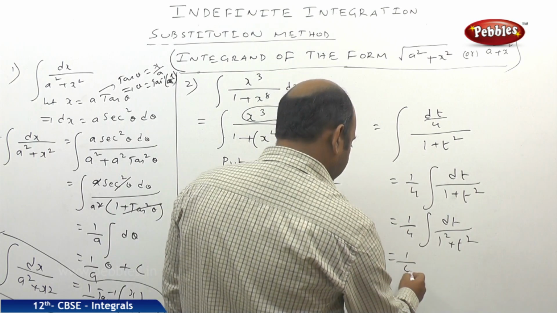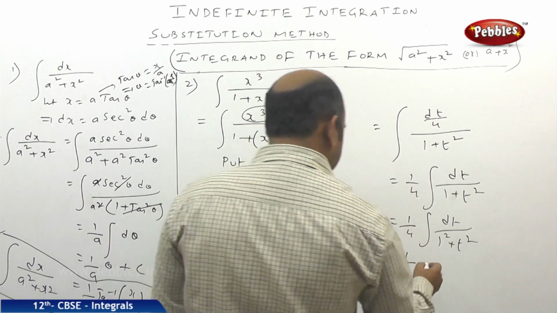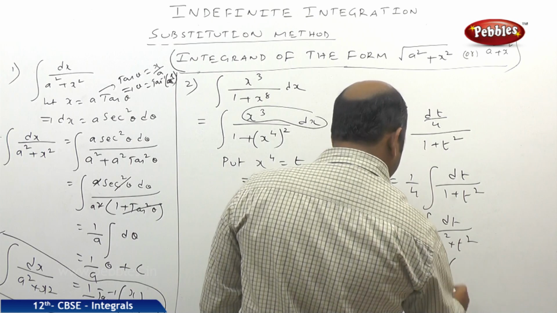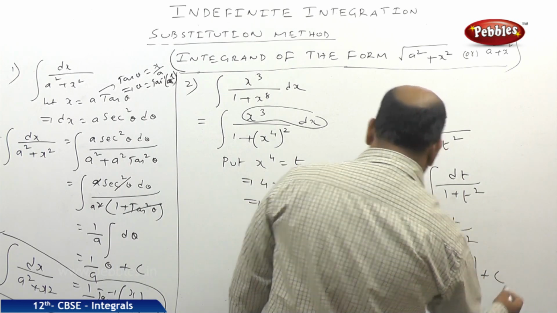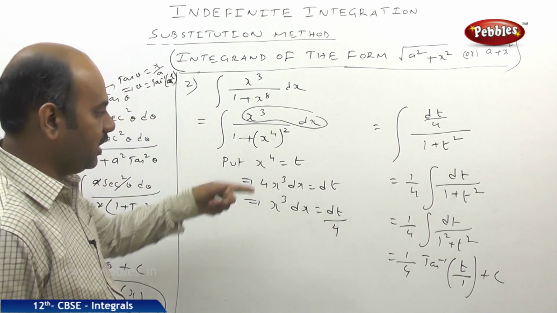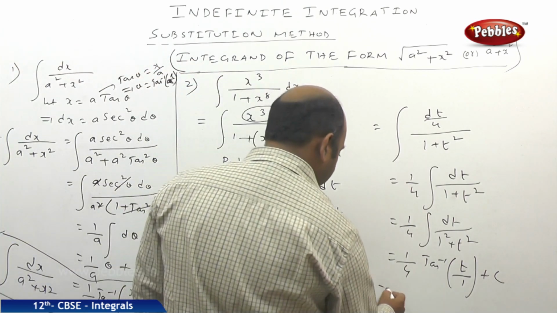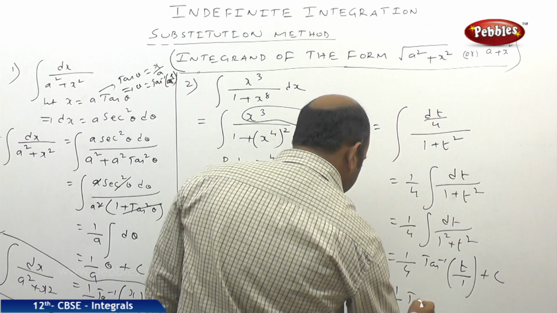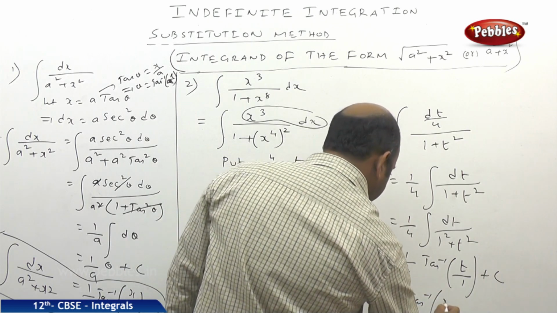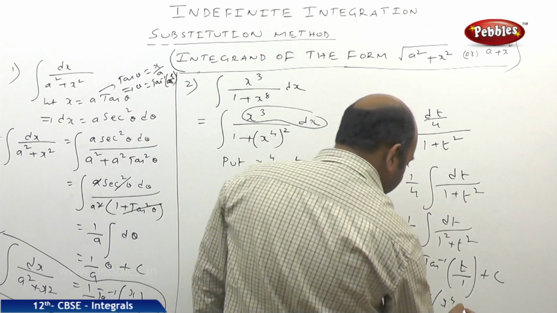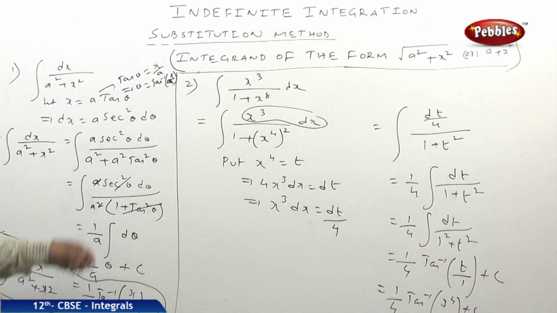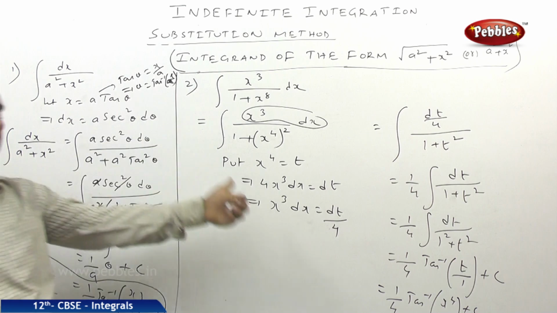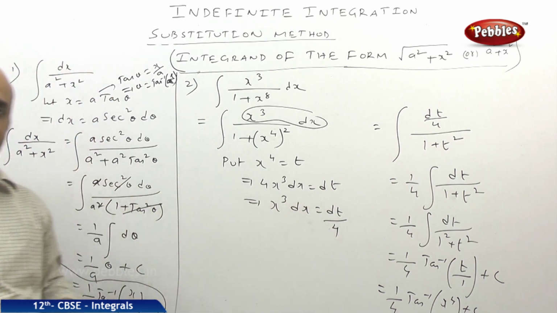So 1 by 4, 1 by a means 1 by 1, tan inverse t by 1 plus c. But in place of t I need to substitute x power 4. So 1 by 4 tan inverse x power 4 plus c. I told this earlier, and later explained its particular application.